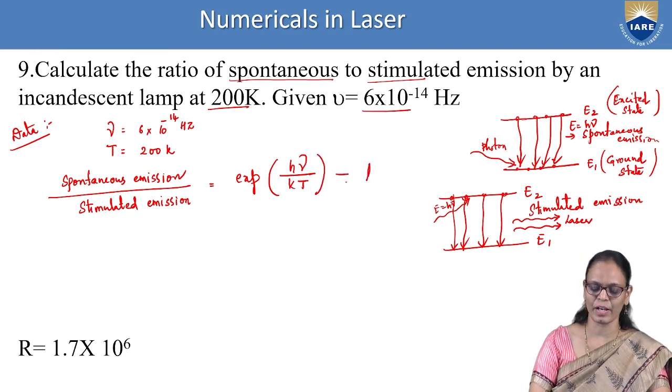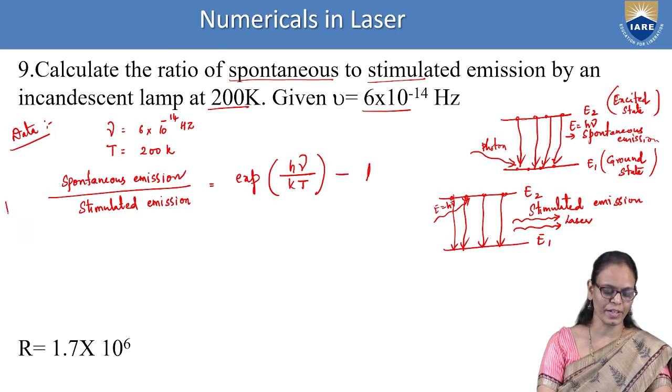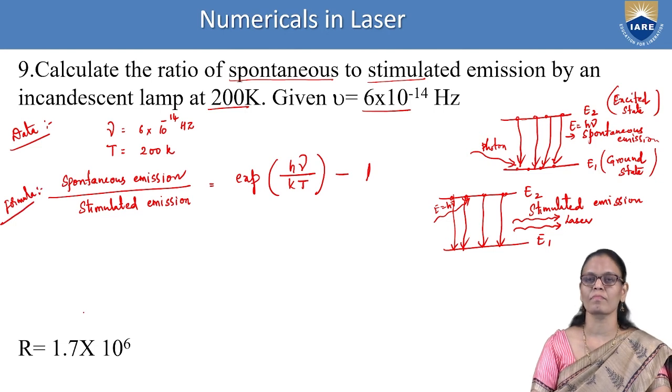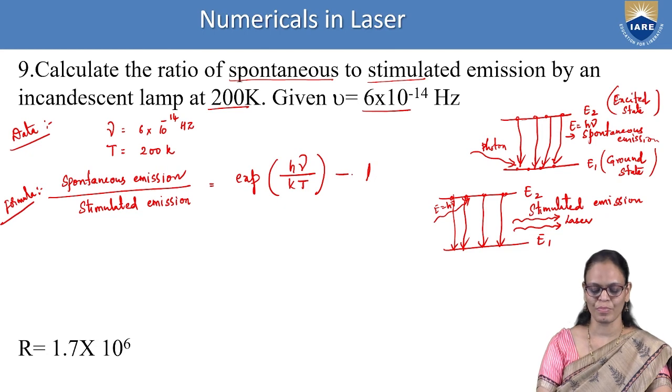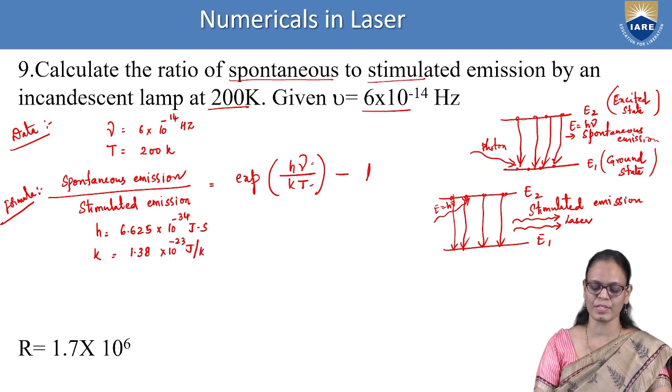This is the formula we have to find the ratio. h is a constant, 6.625 into 10 power minus 34 joule seconds. k is also a constant, 1.38 into 10 power minus 23 joules per Kelvin. Temperature is given, nu is given.